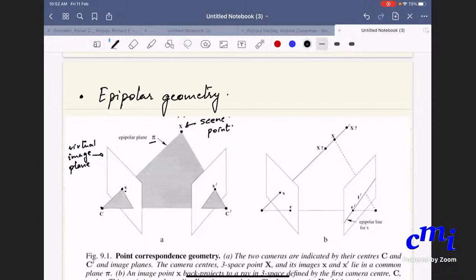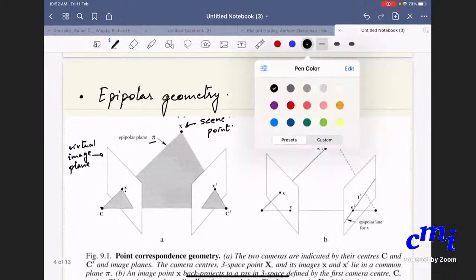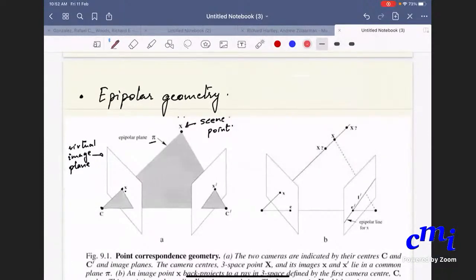Now there are a few more elements that we need to know. First of all, if we look at any other point on this ray, all these points we know project to the same point x. Correct? What happens when you view these points through the other camera?